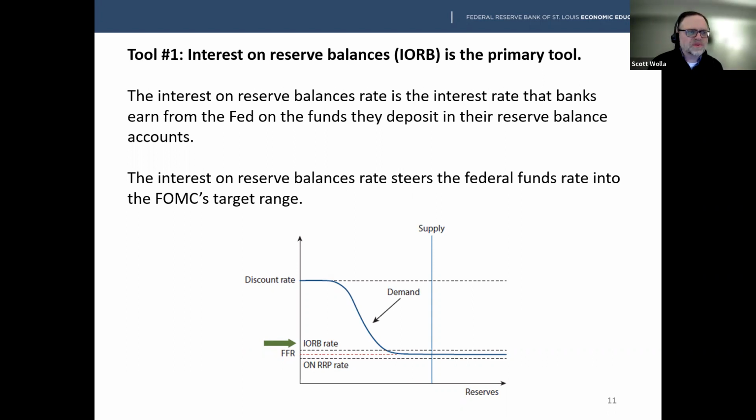Okay, interest on reserve balances. Interest on reserve balances is the interest rate that banks earn from the Fed on the funds they deposit in their reserve balance accounts. Back in the day when the Fed required reserves, they required banks to hold a certain amount of their funds on reserve at a Federal Reserve Bank.